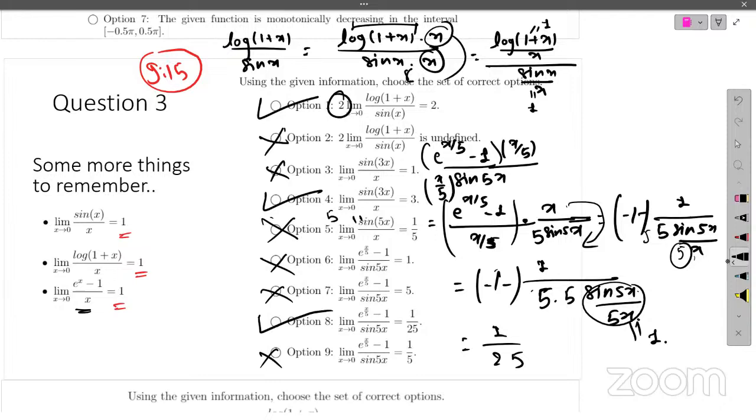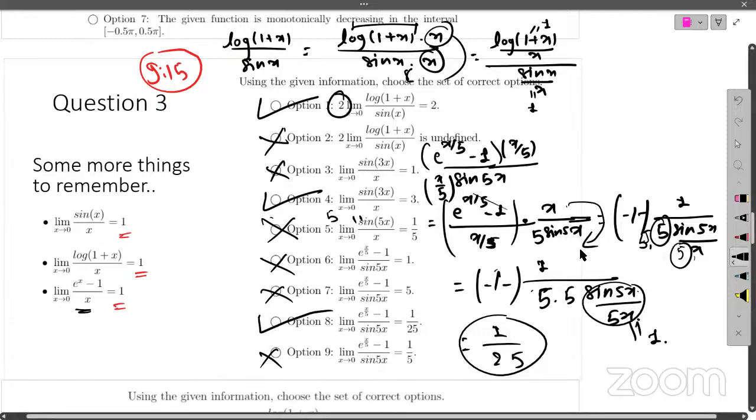We can multiply and divide by some constant, and the limit will be the same. So if I multiply and divide, we attain our required form, sine 5x by 5x, and this limit will become 1. Since there is a 5 here, and I also multiplied by another 5, it will become 25. So that's why it's 1 by 25. Okay, is that fine? Okay, ma'am.